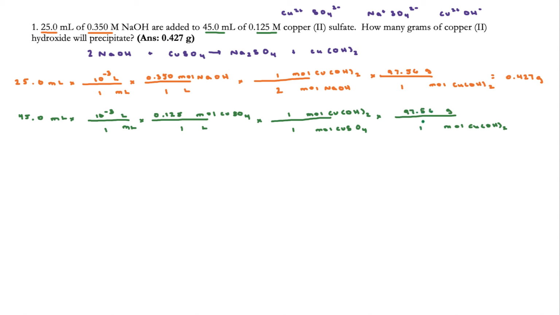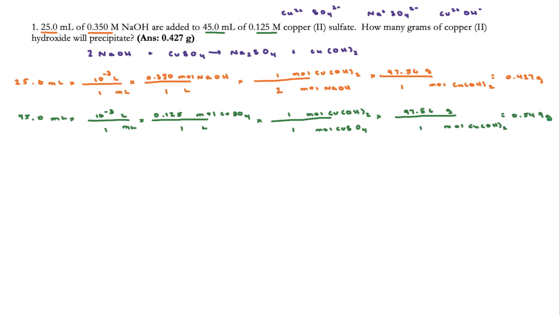So I'm going to take 45, multiply that by 10 to the negative third, then multiply that by 0.125, which is the concentration, and then multiply by the molar mass. And I get 0.5487. I want 3 sig figs again, so this is going to round to 0.549 grams.